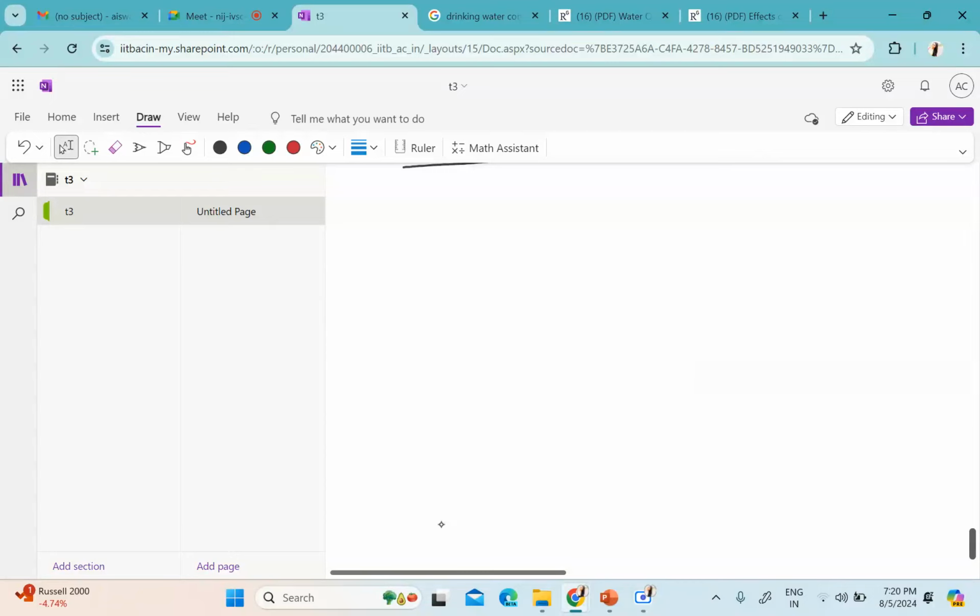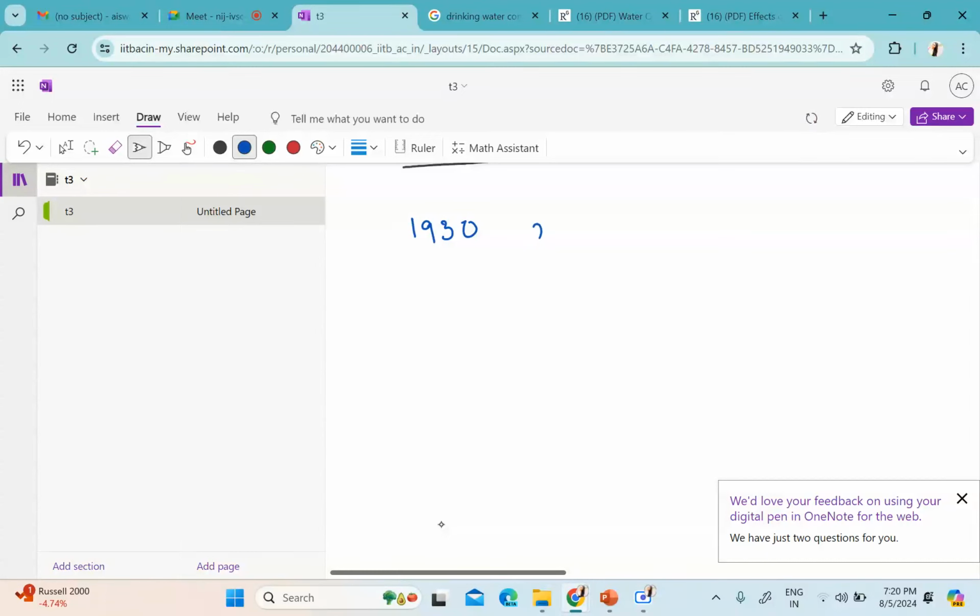If you have Excel, you can type, or if you have a notebook, you can write geometric increment method. So the same values: 1930, 2000, then 2500, 1940, 28,000, 1953, 1960.